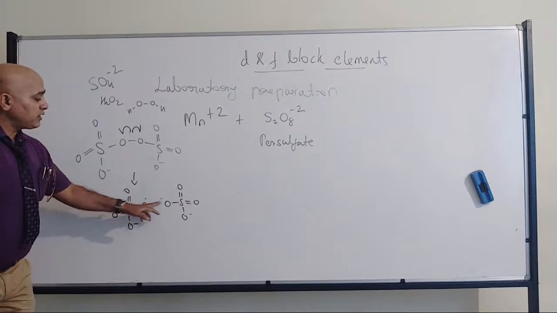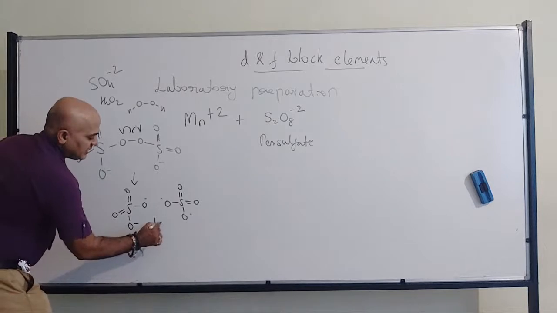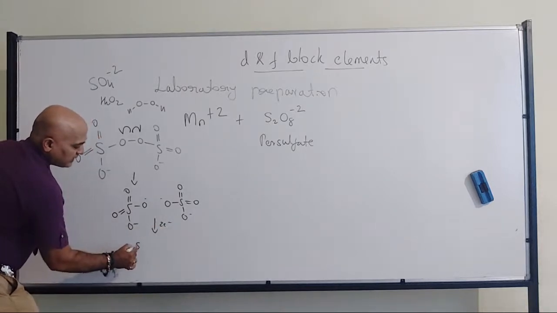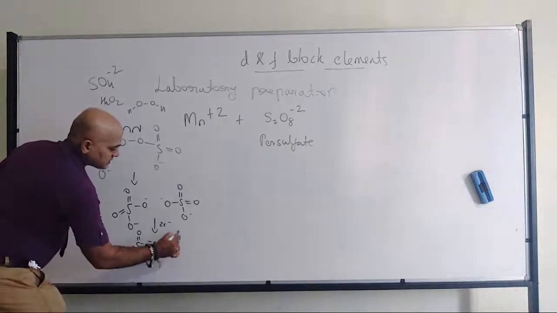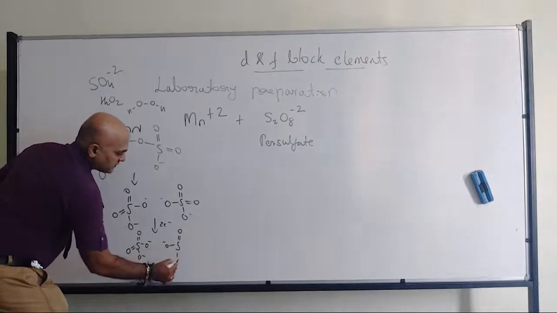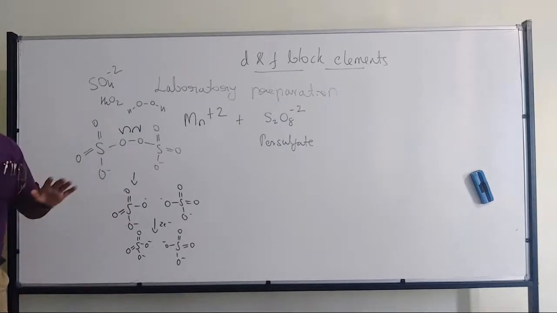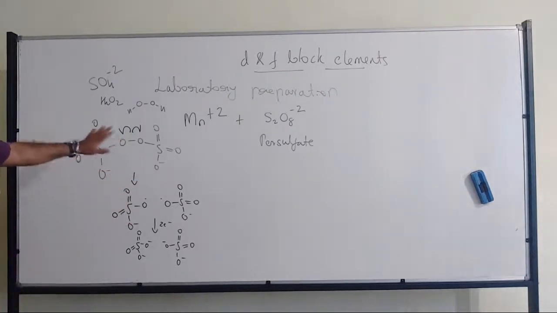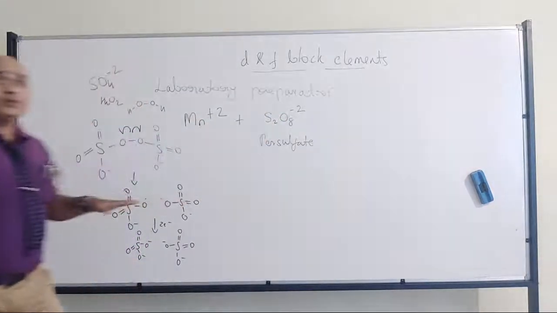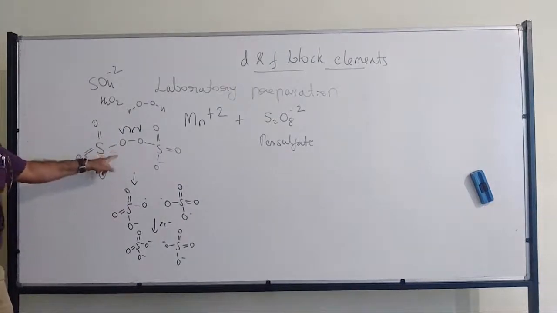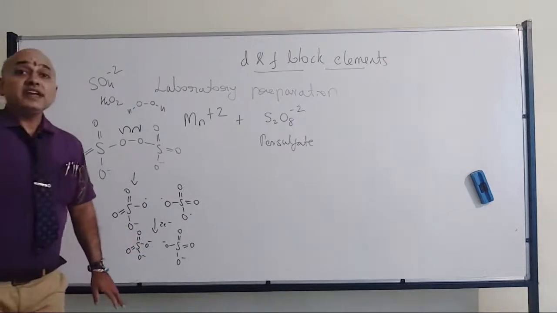Immediately they can take up one electron and become sulfate, SO4 minus 2. All of you are understanding the mechanism? No one will ask. Please remember, I wanted you to know how this formula came. S2O8 minus 2 came from this particular molecule. So that's where there will be formation of sulfate.